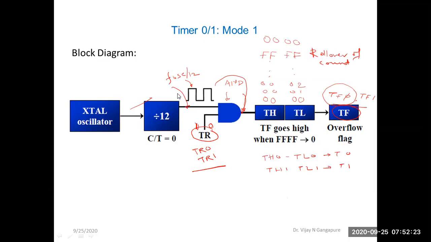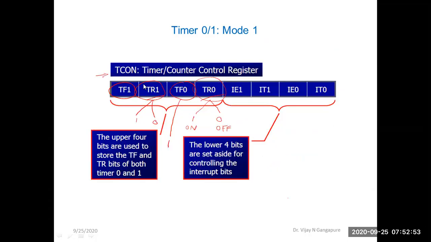And in case of timer 1, the timer register will be TH1 and TL1. If the count in TH1 and TL1, due to the pulses reaching the input of this timer register which increment the count, rolls over from all ones to all zeros, that is FFFF to 0000, then this TF1 bit will get set.